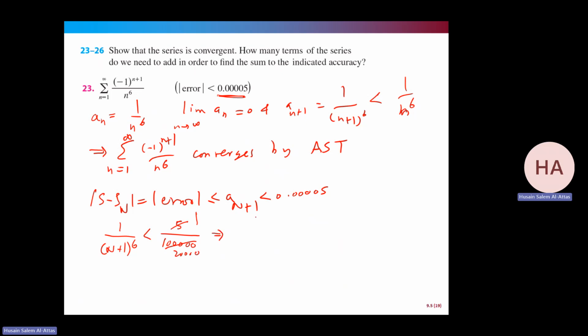So I want to check when (N+1) to the power 6 is greater than 20,000.